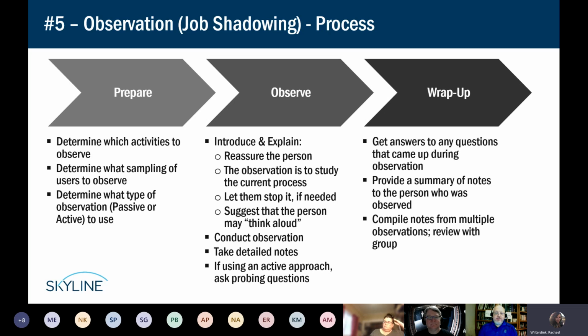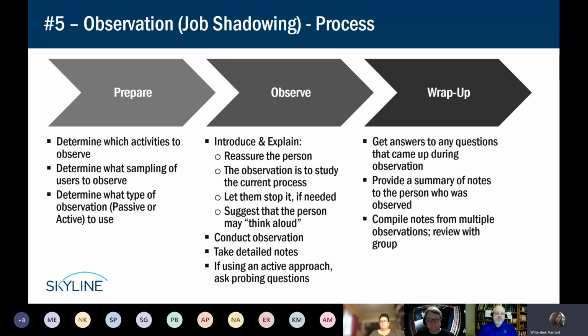Again, the thinking aloud really helps for those cognitive activities, and then record what you're seeing and take notes as you go. If you use the active type of observation, make sure you're asking probing questions like, why did you do that? Why did you go there? Those kinds of things. You want to understand their process.